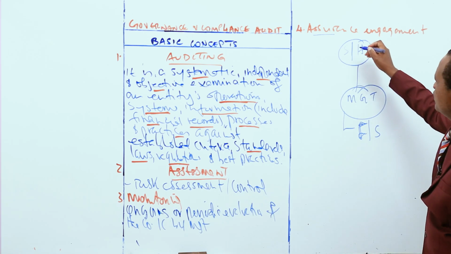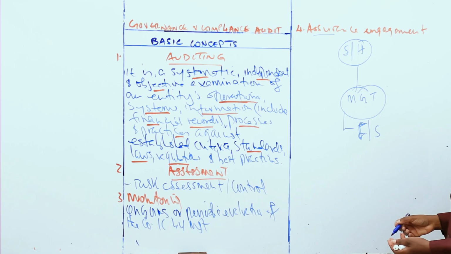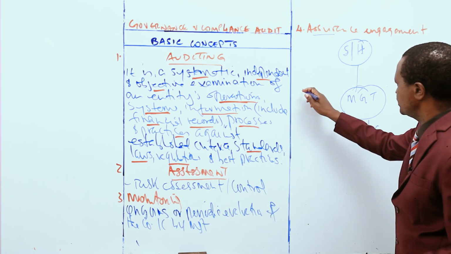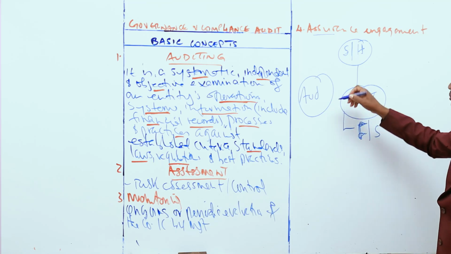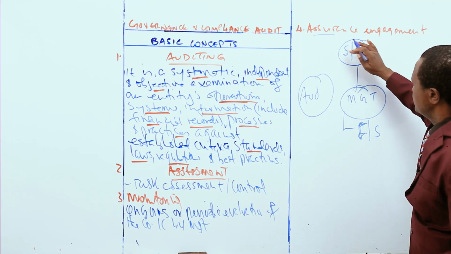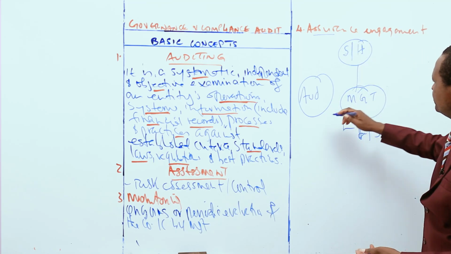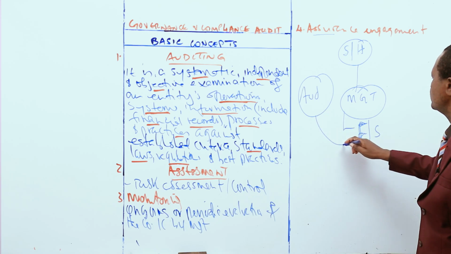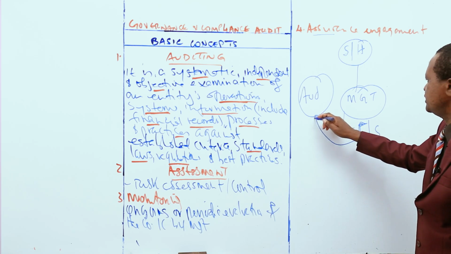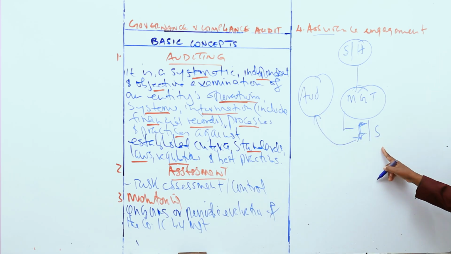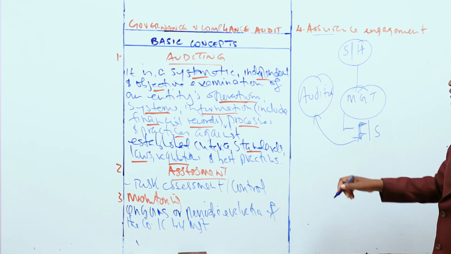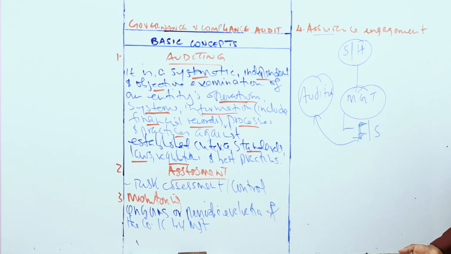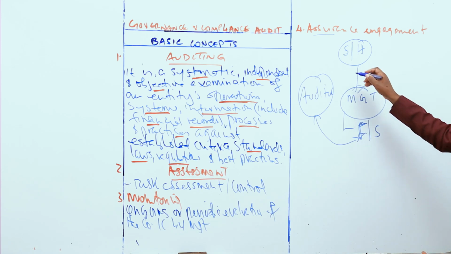Now, these shareholders may appoint auditors. These auditors are appointed by the shareholders to express an opinion on the validity of the financial statements. So this auditor is a practitioner. The auditor is a professional, independently hired.